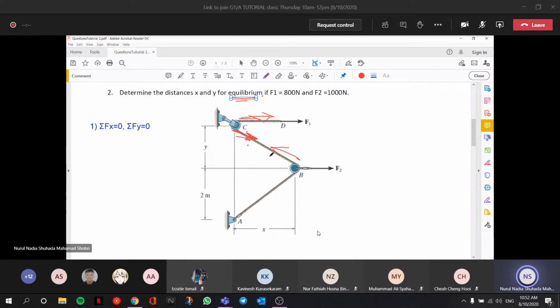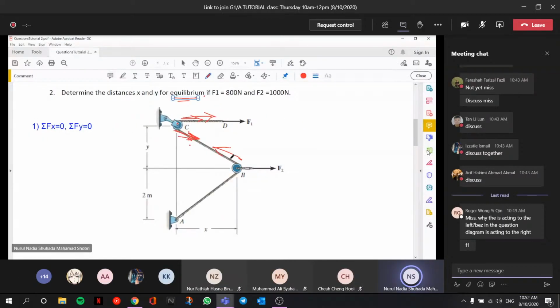And since the force at this direction should be opposite to this direction, the force here should be like this, because you want to make the forces equilibrium, so the sum of the forces should be 0.